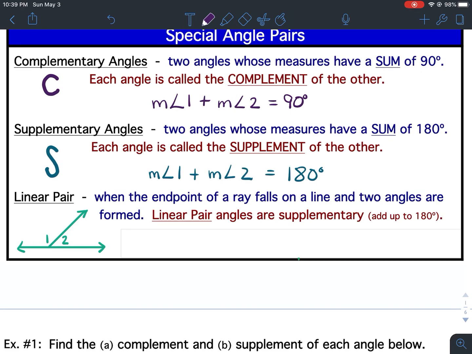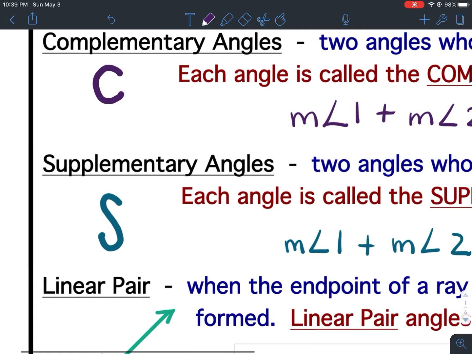Okay, now a lot of times people get complementary and supplementary mixed up. So I'm going to teach you a little way to remember this. Notice how I had you write a giant C and a giant S beside or underneath the complementary and the supplementary. This is just a way to help you remember. If I take that C, I draw a line down this way, draw a 0, another 0, and then a degree sign, you get 90 degrees.